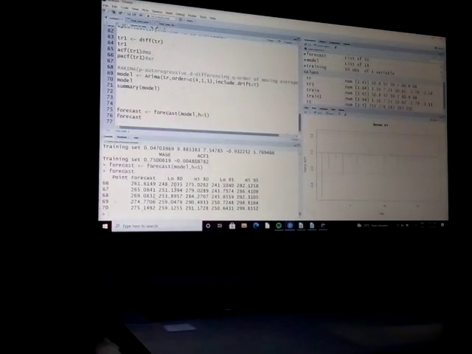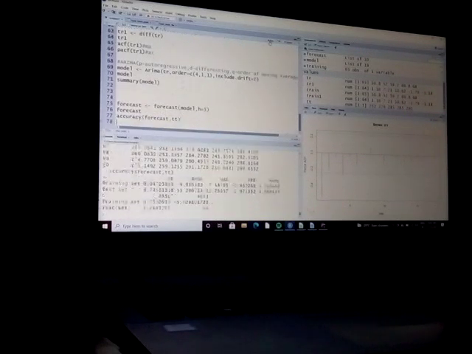So this is the forecast. If you want to check the accuracy, you can check the forecast against the testing set, TT. You can check the mean absolute percentage error: here 5.76 and here 4.5, so it's quite good.